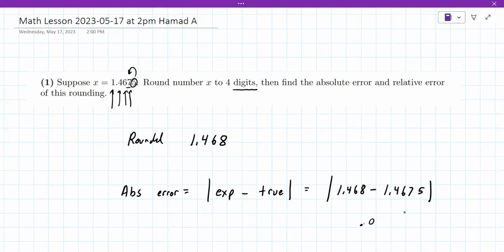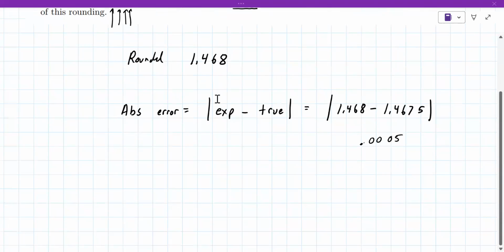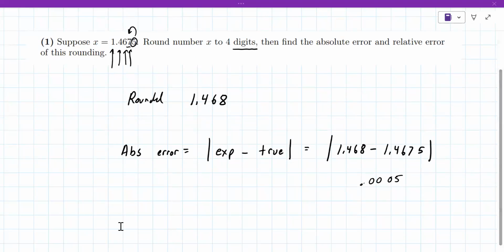It is 0.0005, but for the relative error, you will need a calculator. So the relative error you get from taking the absolute error, the experimental minus the true, and dividing by the true.